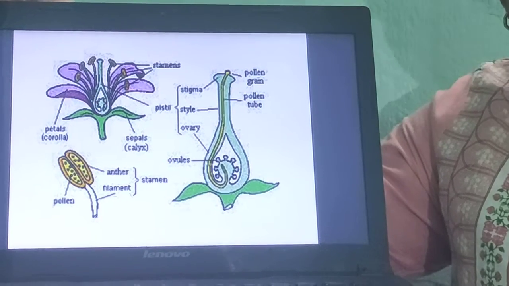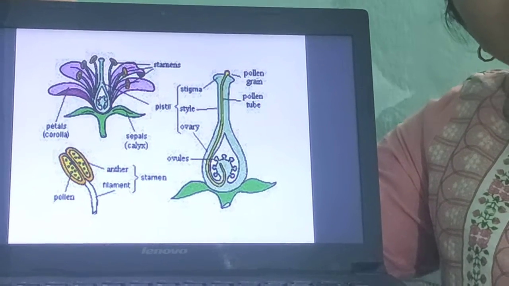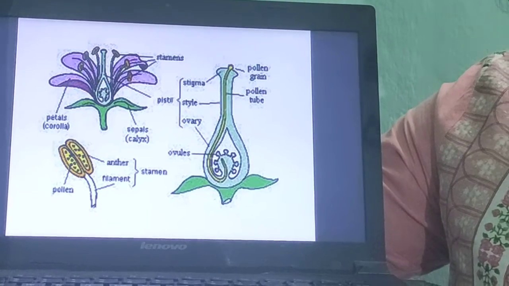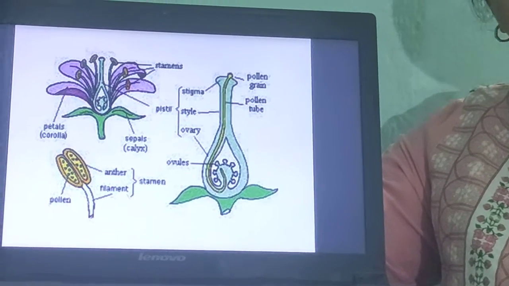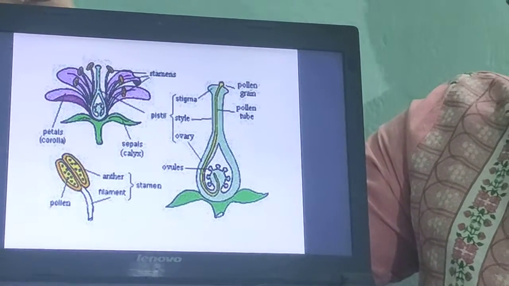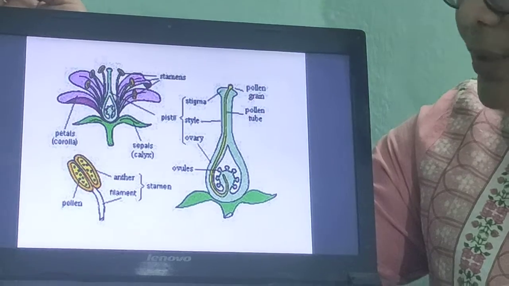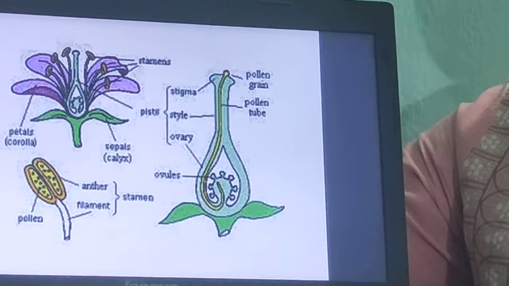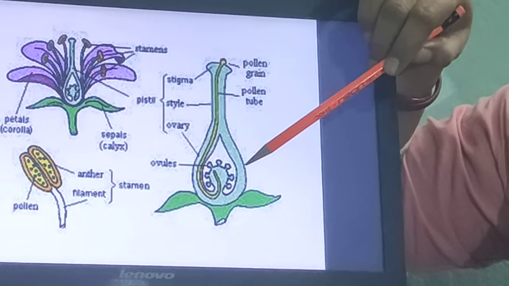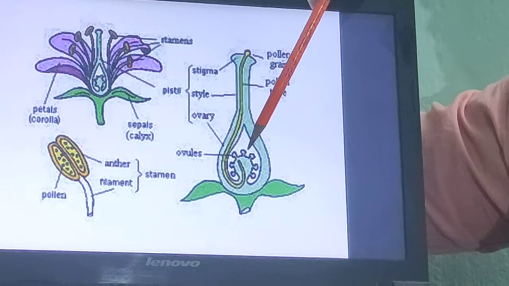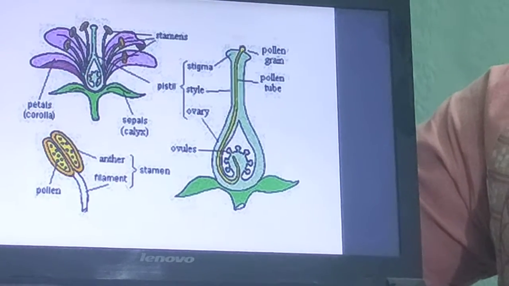Inside it a cavity is present. Inside the cavity a wreath-like structure is present known as placenta. To the placenta, either one or many ovules are attached. Clear? And if one ovule is present, then you know the ovary after fertilization changes to fruit and the ovule after fertilization changes to seed.